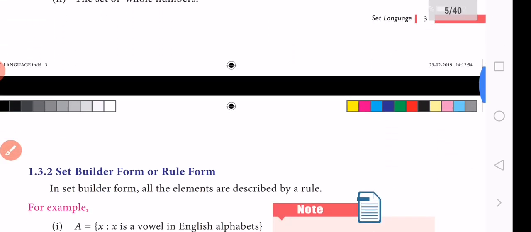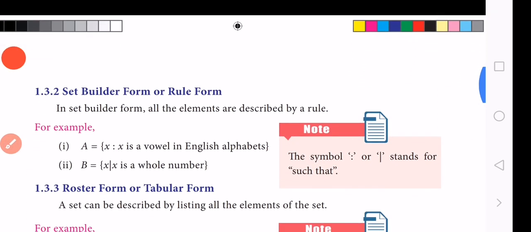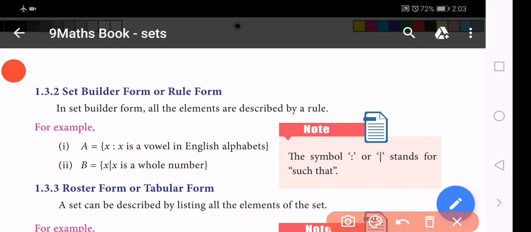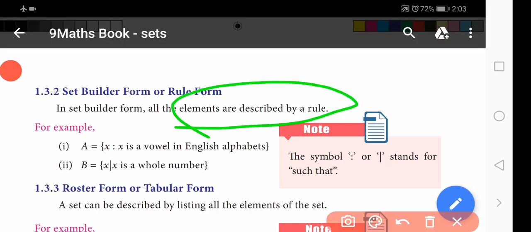And second one is set builder form or rule form. This is a notation for describing a set by indicating the properties that members must satisfy. That means all the elements are described by a rule.